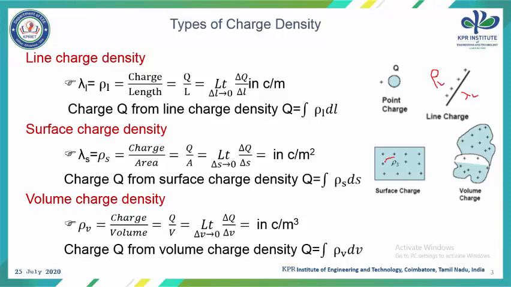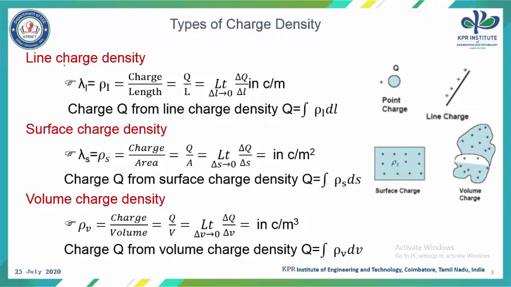The notation is rho S, or sometimes sigma S. Next, if the charges are aligned in a volume, it is called volume charge density rho V. So in practice, for the point charge Q is given, for the line charge rho L is given, for the surface charge sigma S or rho S is given, for the volume charge rho V is given.